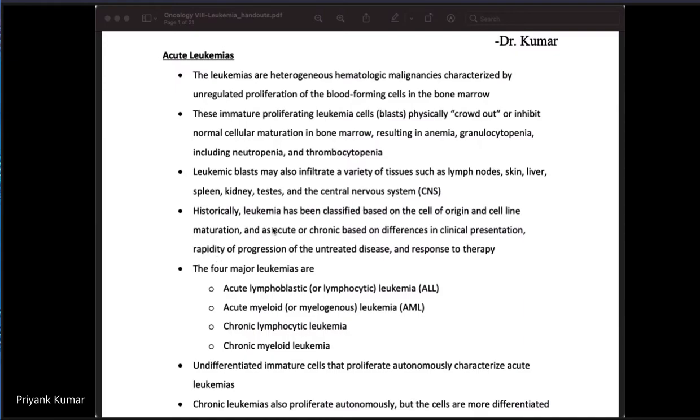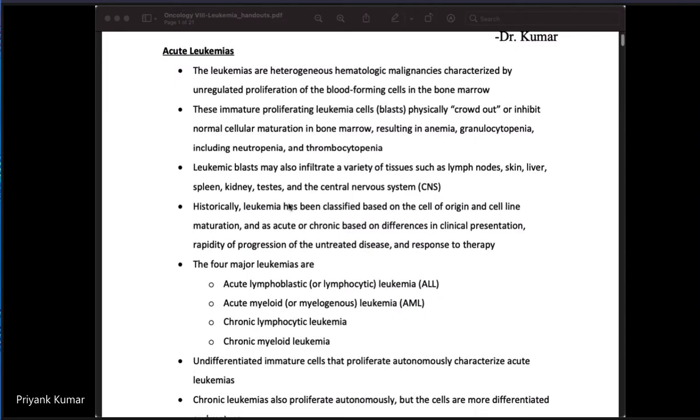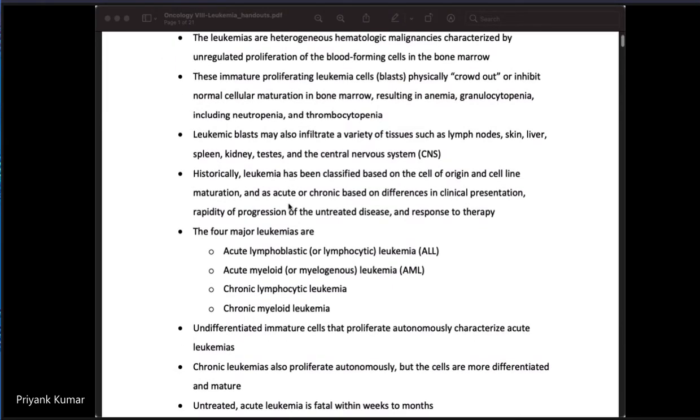Now leukemias basically happen when there is any mutation in a blast cell or any mutation in a developed blast cell, which may cause leukemia. Okay, so here we are talking about generally what leukemias are.